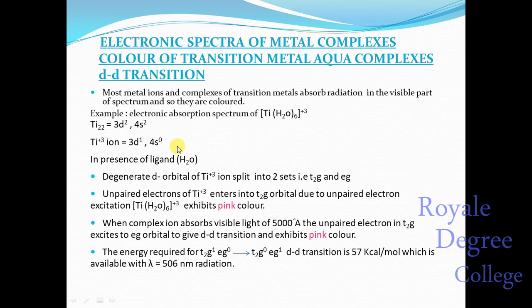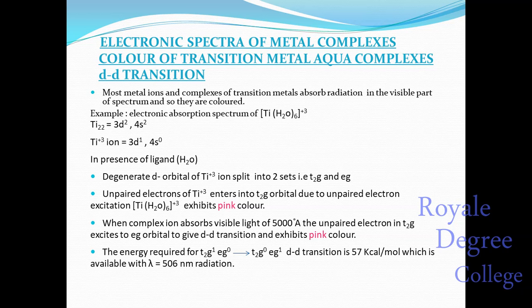In the presence of a ligand, water, here we are taking water as a ligand, the degenerate d orbitals of the titanium ion split into two sets. One is t2g and another set is eg. The unpaired electron of the titanium ion enters into the t2g orbital.